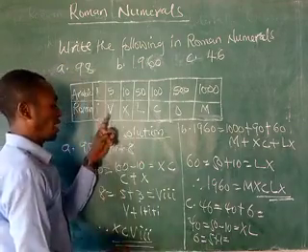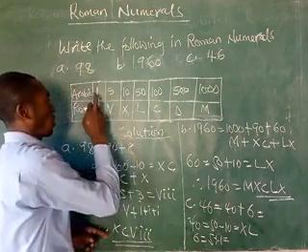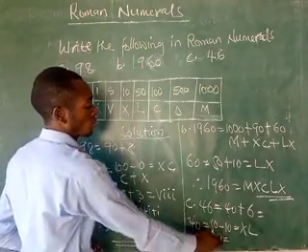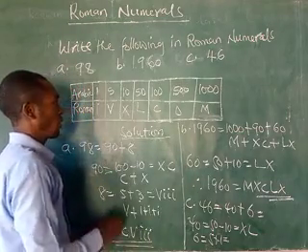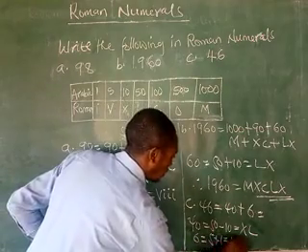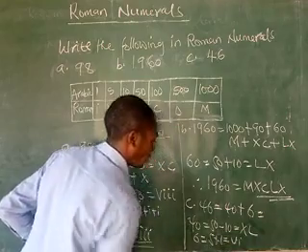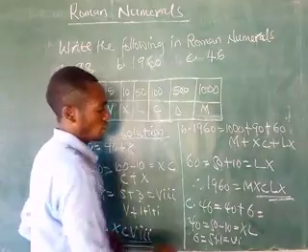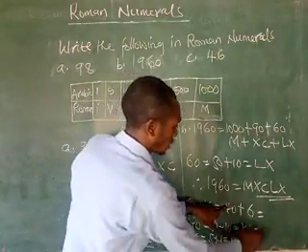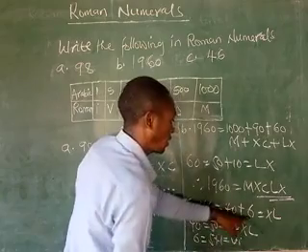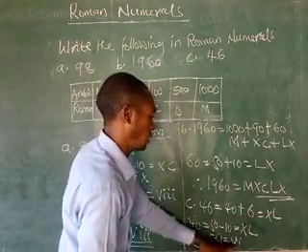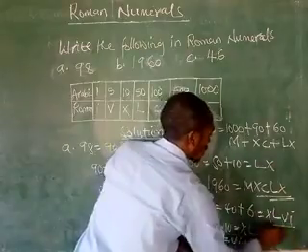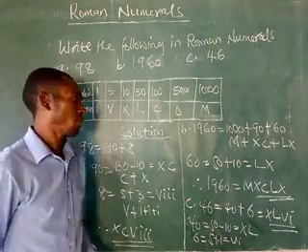And then we know that 5 is V, 1 is I. So anytime we add, we write the bigger numeral before the one that is smaller. So we're going to have VI, which becomes 6. So we come back and say 40 is XL. Combining them, 6 is VI. So this is our answer for 46: XLVI.